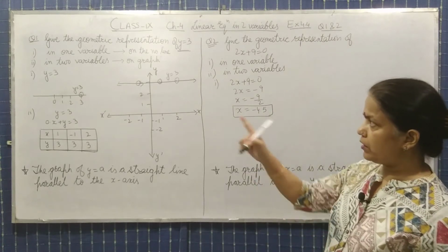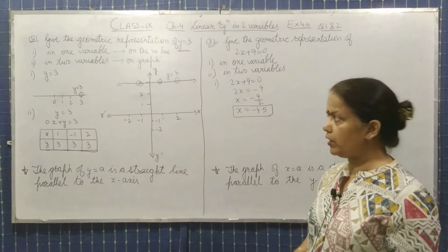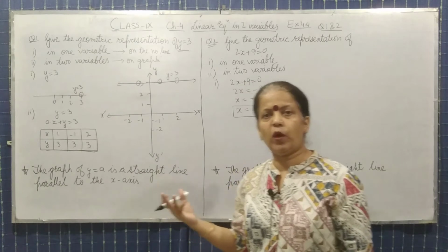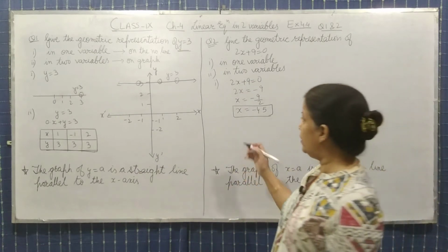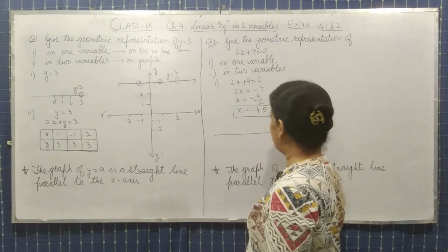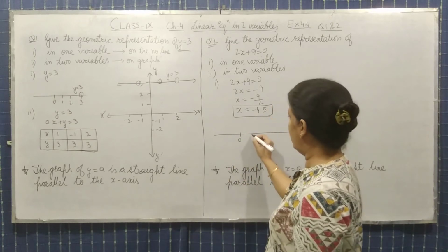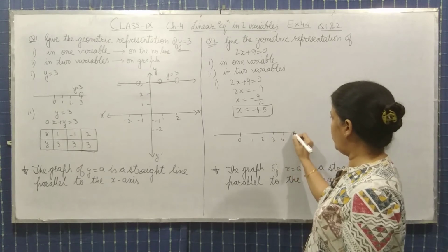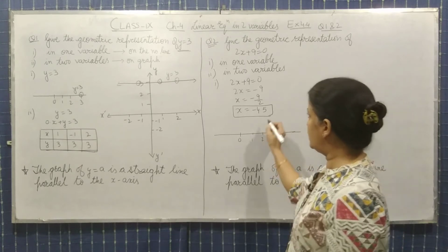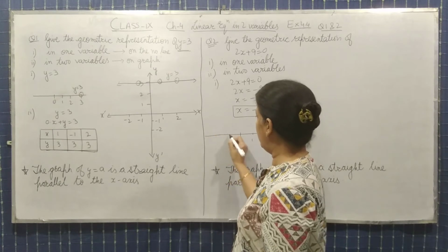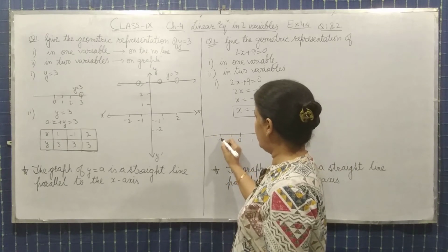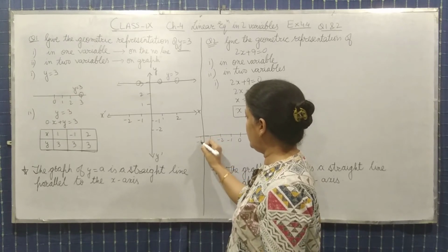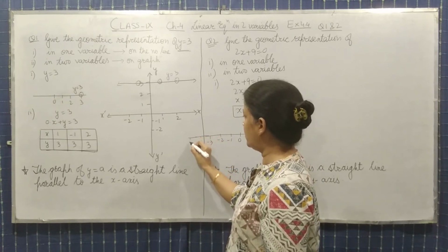Now, the first part is you have to represent it in one variable, as I have just told you, on the number line. So 0, 1, 2, 3, 4, and since it is negative, minus 1, minus 2, minus 3, minus 4 and minus 5.